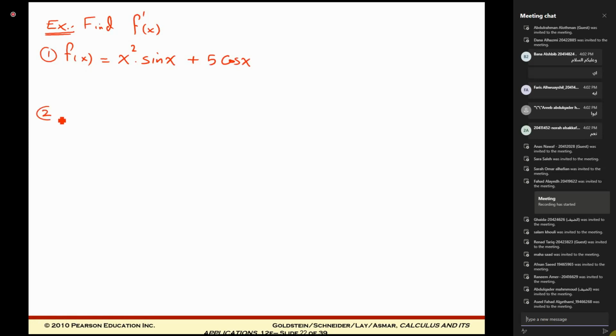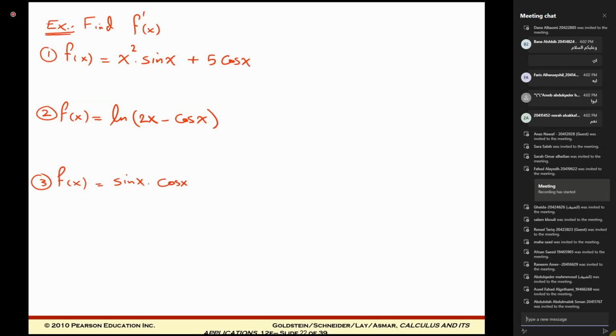Number 2, if f of x equals ln of 2x minus cosine x. Number 3, f of x equals sine of x multiplied by cosine x.